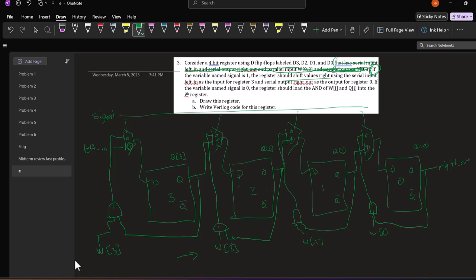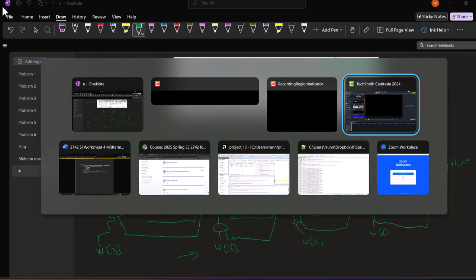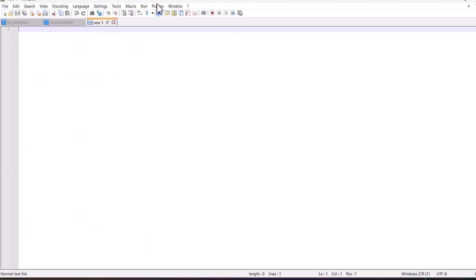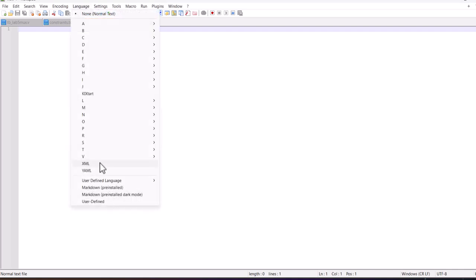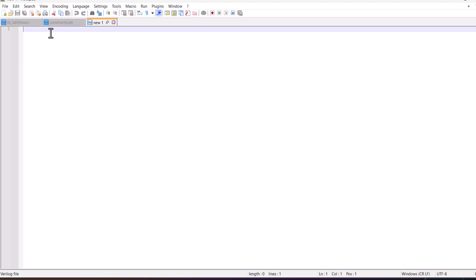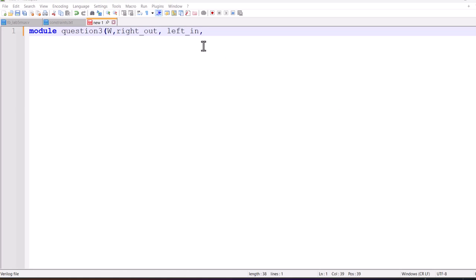Okay, now how are we going to write Verilog code for this? So let's do that. Okay, so our inputs we had write out.